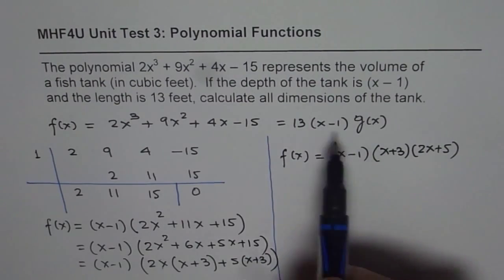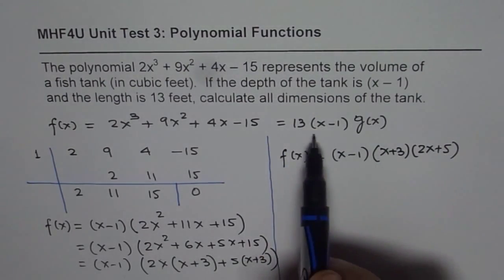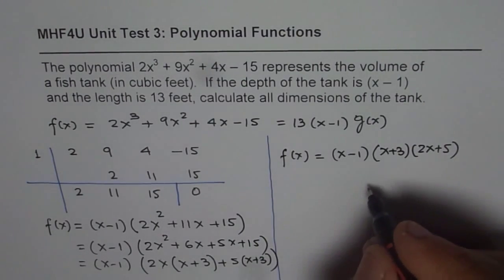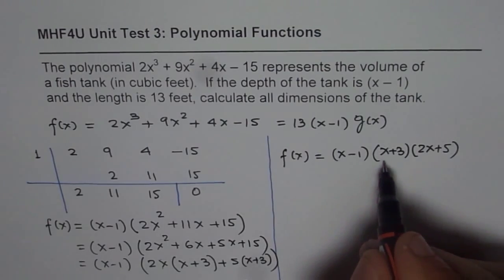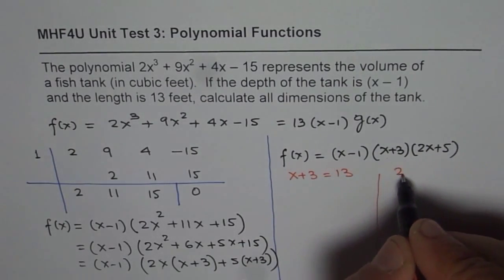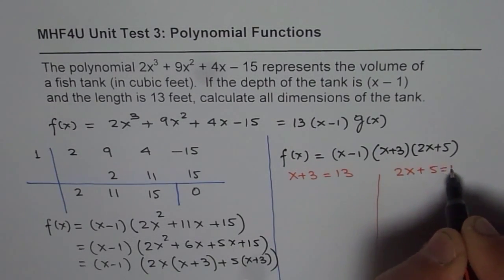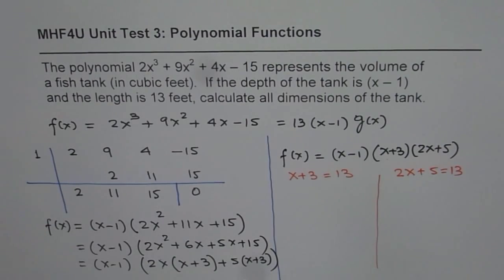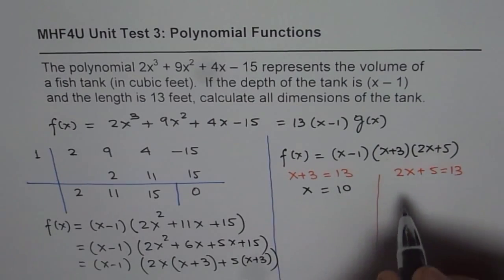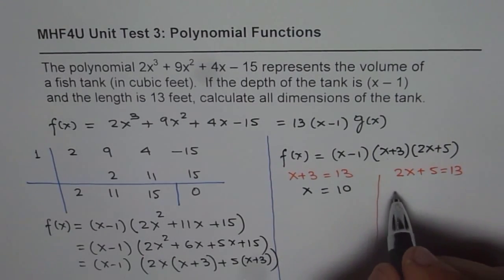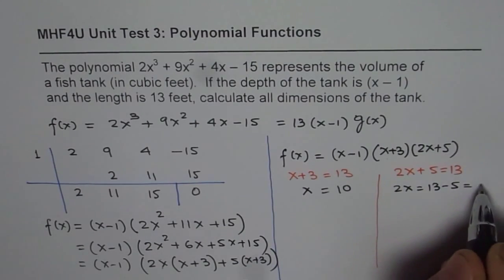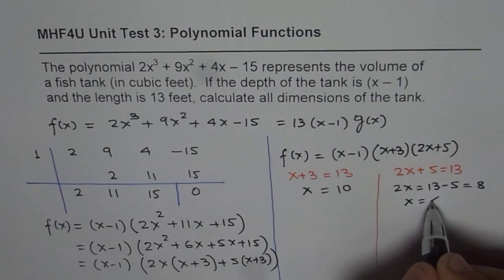Now what we are given is that one of these lengths is 13. So there are two possibilities. Either x plus 3 equals 13 or 2x plus 5 equals 13. That's the kind of trick. Now if x plus 3 is 13, then x equals 13 minus 3, which is 10. If 2x plus 5 is 13, then 2x equals 13 minus 5, which is 8, and x equals 4.